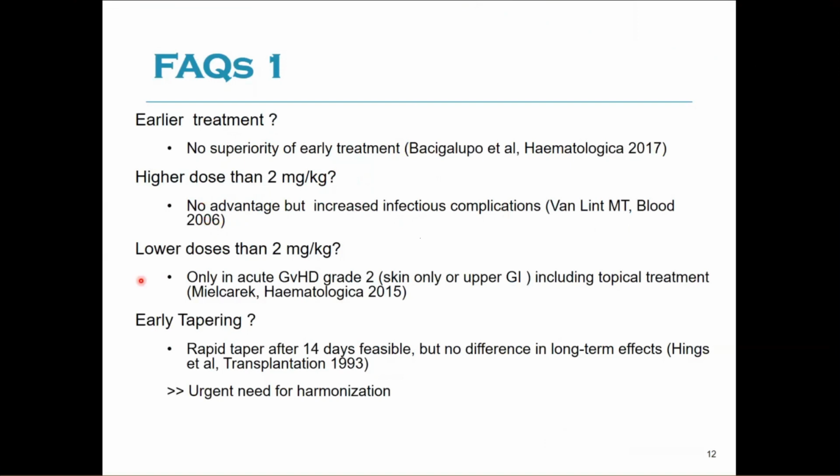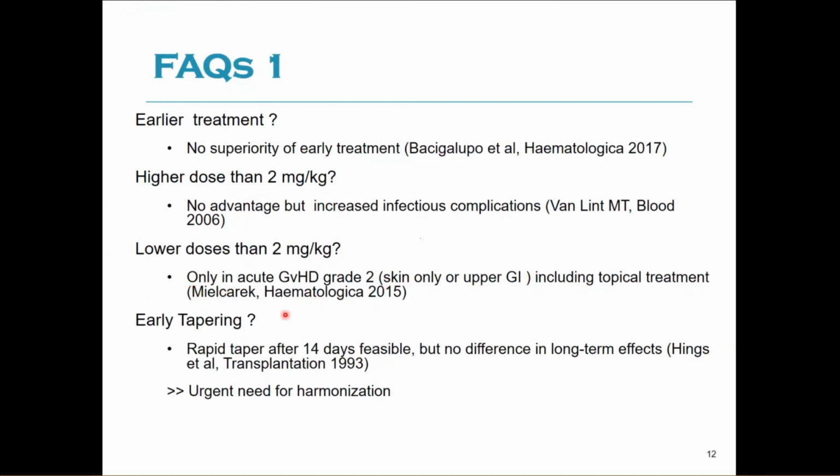May patients benefit from a lower dose than 2 milligram per kilogram? Malkarek et al. reported that only patients with a grade 2 acute GVHD, meaning skin only or upper GI, could be treated with a lower dose, and the management plan has to include topical treatment.